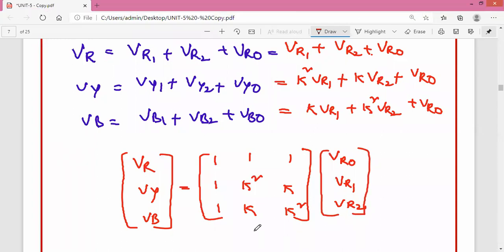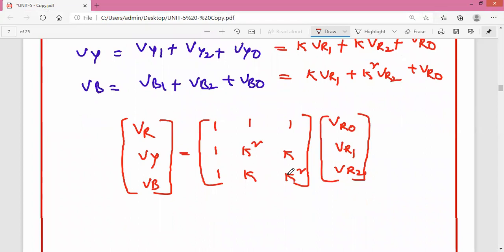Okay, so this is a complete conclusion from the symmetrical components.